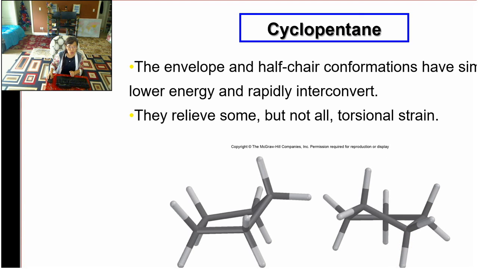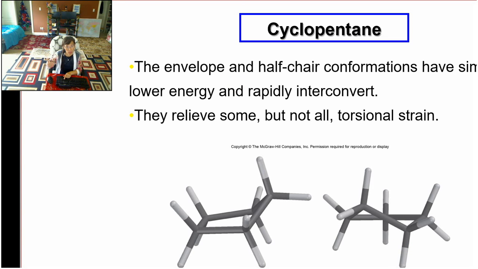The second structure, or you can say the third structure, is the half-chair structure. You have 1, 2, 3 of the carbons located on the same plane. The first one is lifted up, the fifth one pointed down slightly. This envelope structure and the half-chair structure can convert from one to another very rapidly.